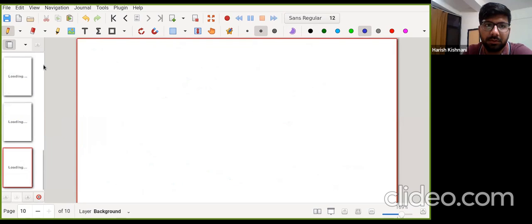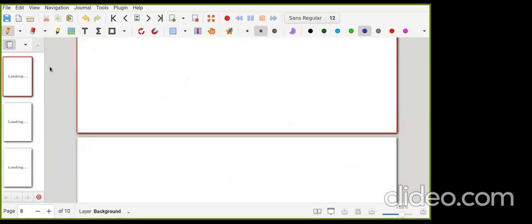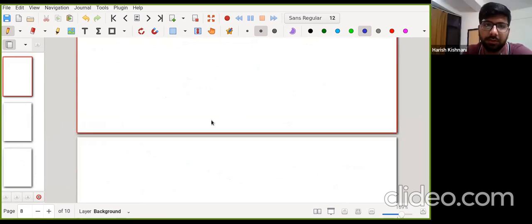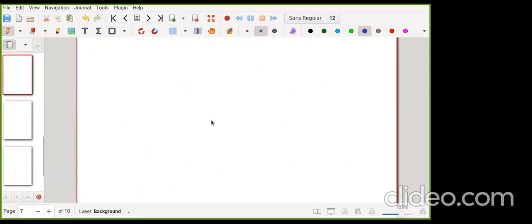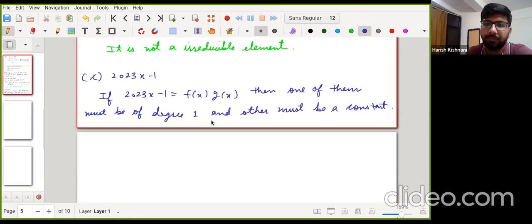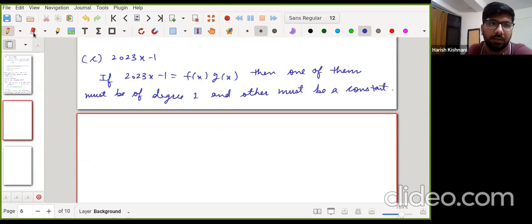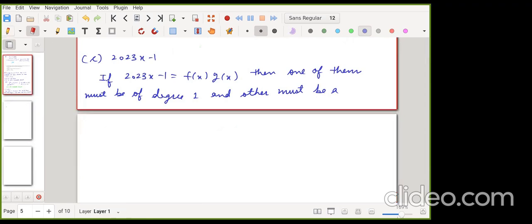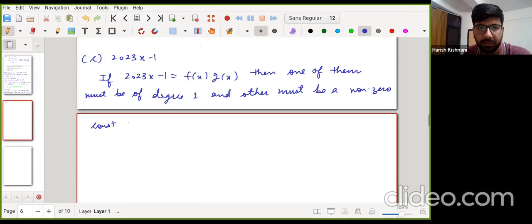We can say non-zero constant. Yes, the other must be a non-zero constant. A non-zero constant is a unit in Q[x].